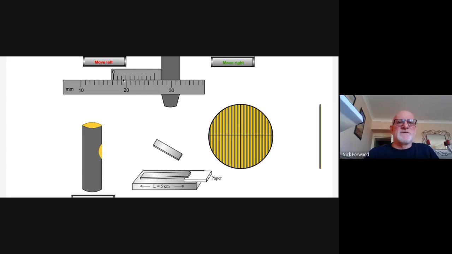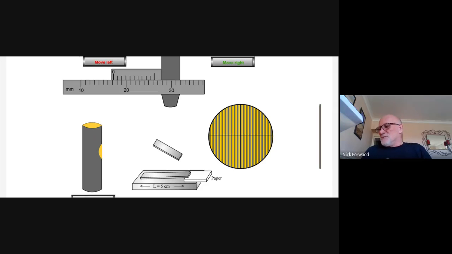Then I'm trying to find two lines: 17.0, 17.1, 17.2. I'm going to say that my reading here, accurately using the vernier scale, is 17.2. Right, I would like you to write down that my crosshairs are positioned at 17.2 millimeters.